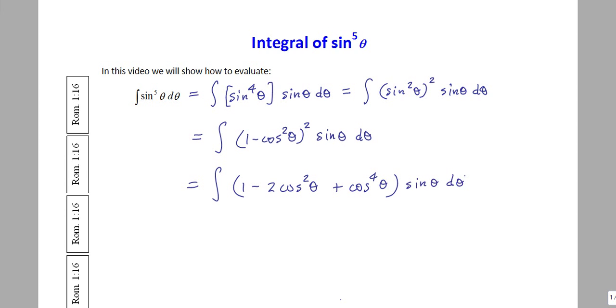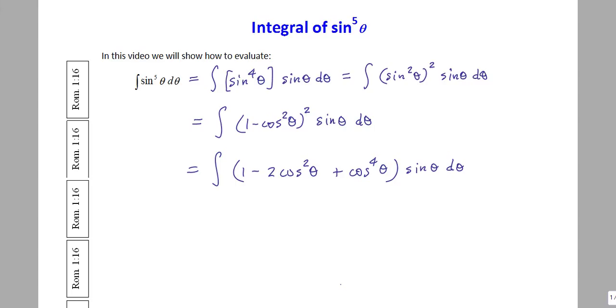And here, just like we did in the previous video, we say, okay, well, check this out. I can say that d, instead of d theta, let me say d of cos theta. We're using the chain rule here. The derivative of cos is going to be minus sine theta times, now I have to do the d of the argument inside there, which is theta, so that's d theta.